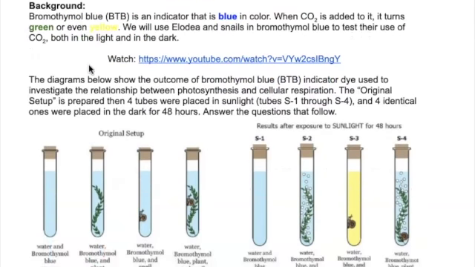In our experiments down below, in these images, we have a test tube with just bromothymol blue in it. That is our control. We have a test tube with Elodea in it, with a snail, and then with both Elodea and a snail.